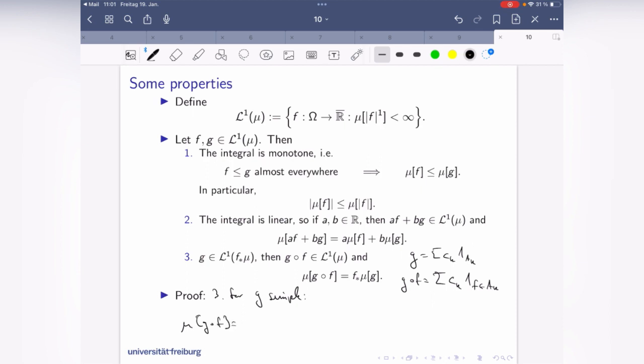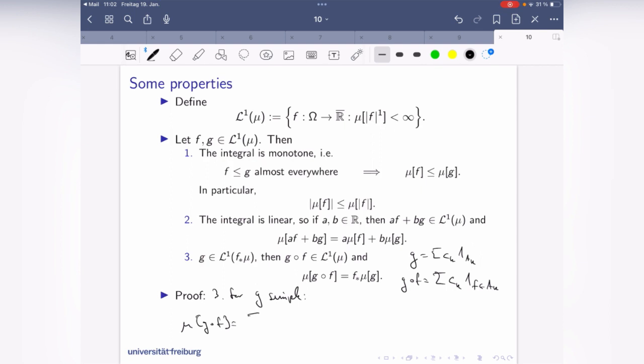And by the way, this here is also a set in my sigma algebra because f here is measurable. f must be measurable because I wrote down here the integral, and the integral I can only write down if the integrand is measurable. So what's this here?